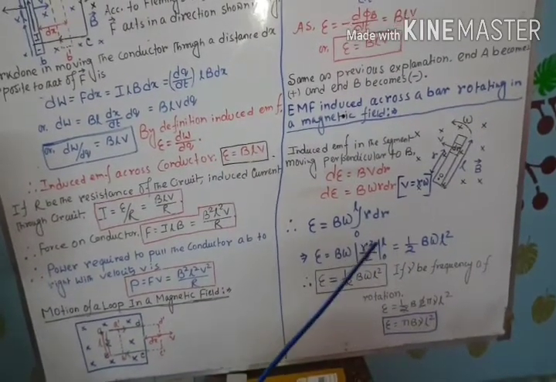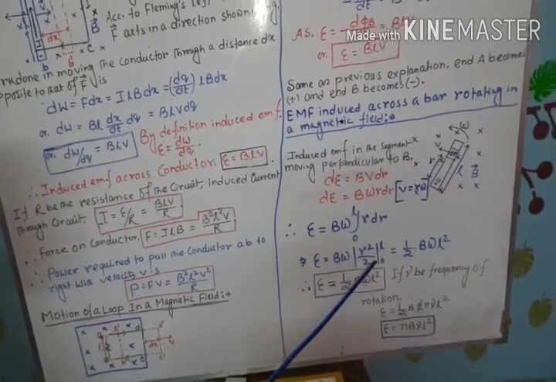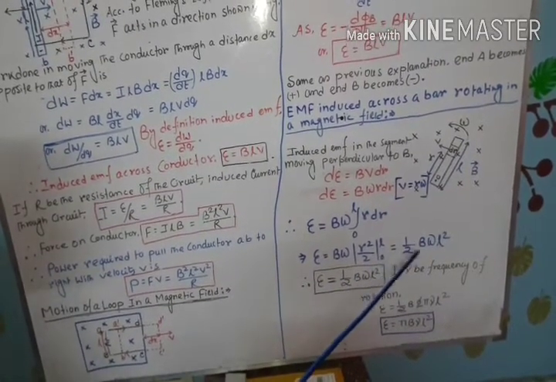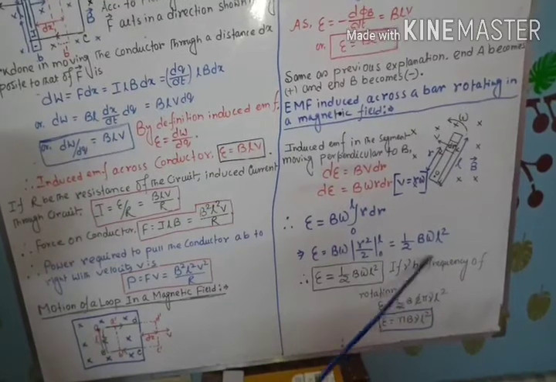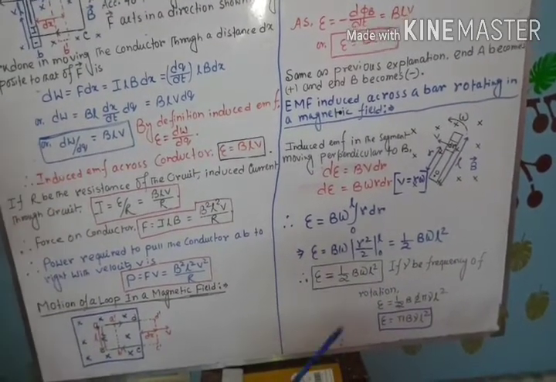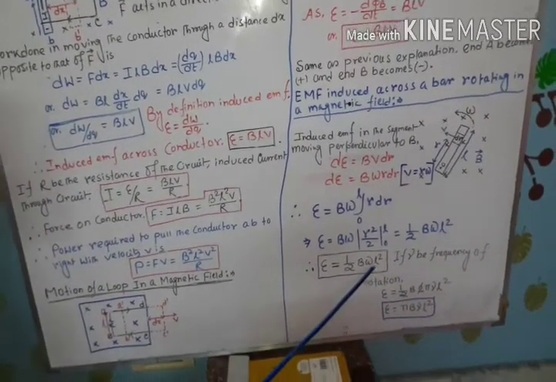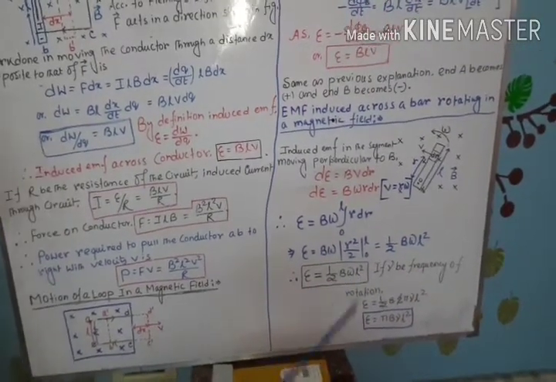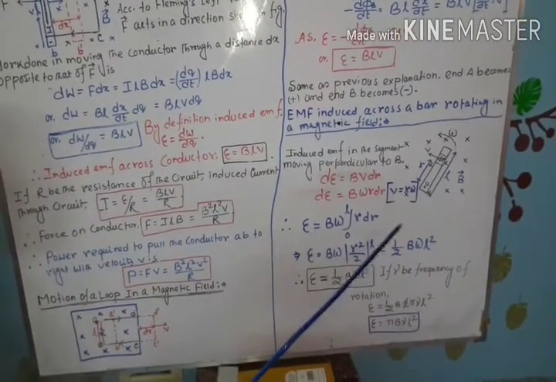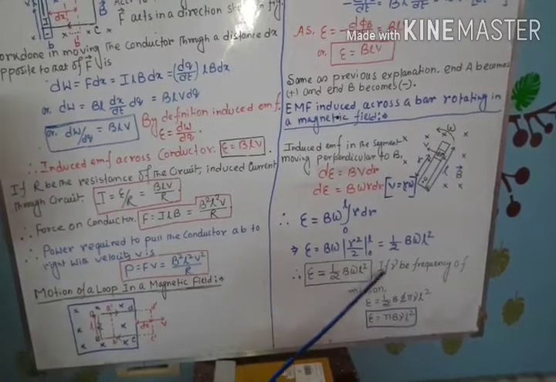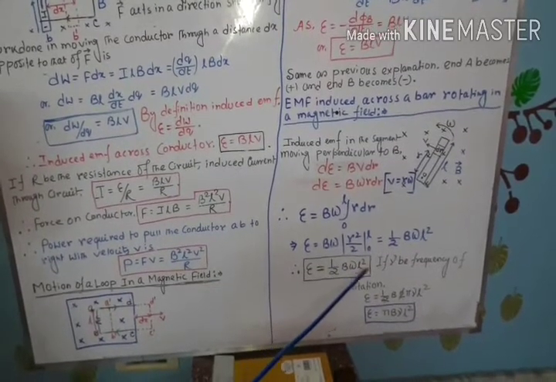So this gives L square by 2. So E is equal to half B omega L square. Therefore the induced EMF across a bar of length L rotating with an angular speed omega over the magnetic field B is given by E equal to half B omega L square.